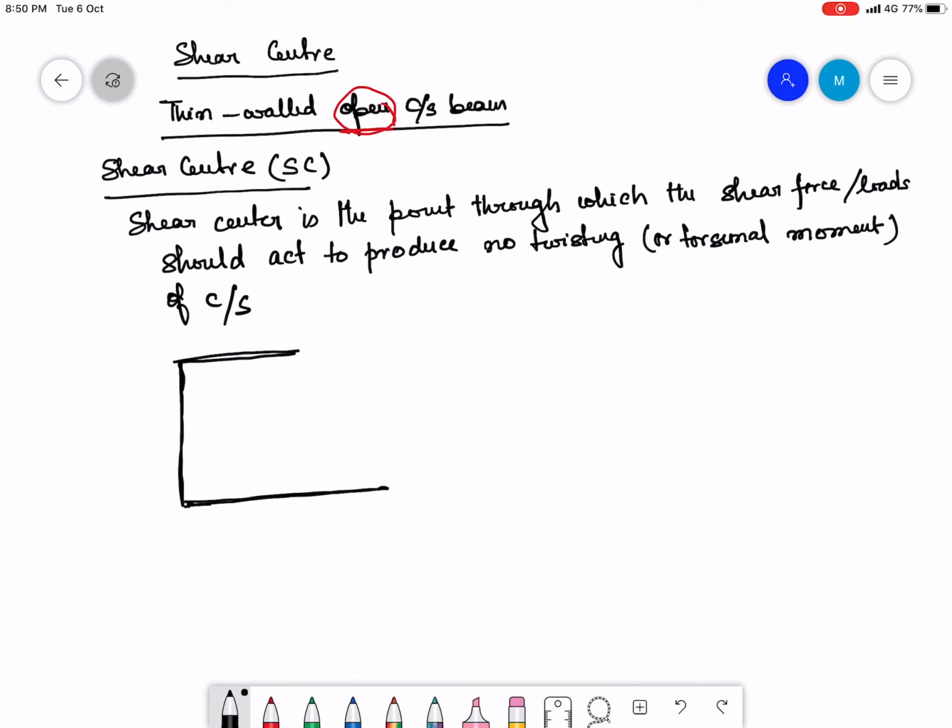Now this is the x-axis, say this is the x-axis of the cross section, this is the y-axis of the cross section. Say this length is 2a, this length is a, this length is b. Okay, and let x and y be the centroidal axis, c being the centroid.